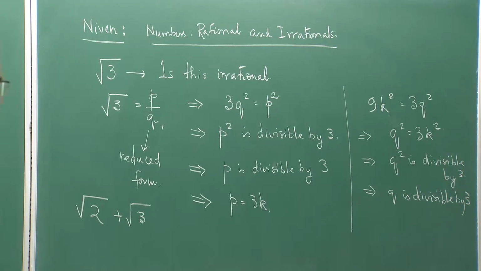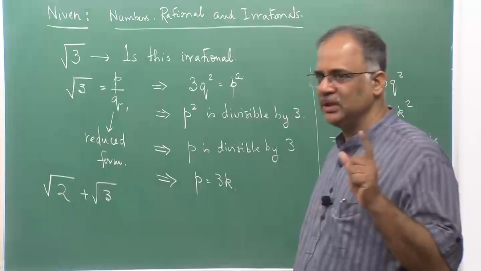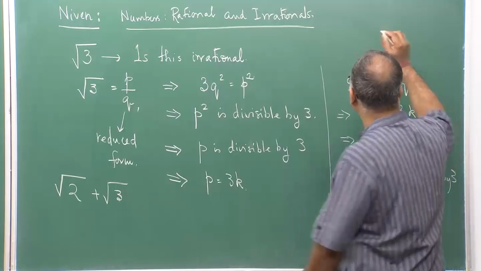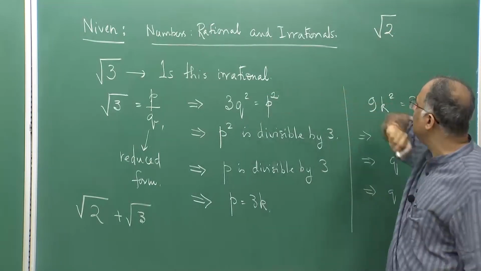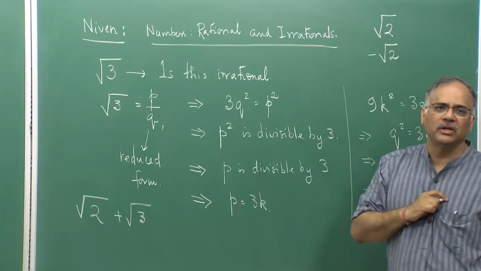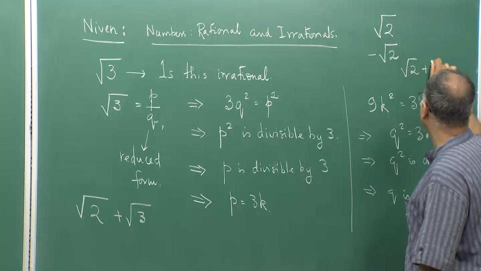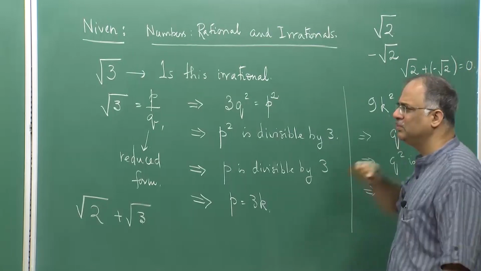Beware, adding two irrational numbers need not always give me an irrational number, because if you have root 2, then without much difficulty using the same procedure you can prove that minus root 2 is also irrational. But then root 2 plus minus root 2 would give you 0, which is a rational number.